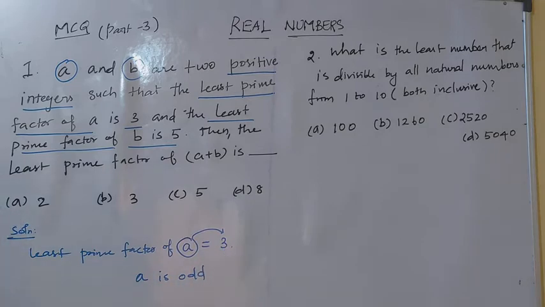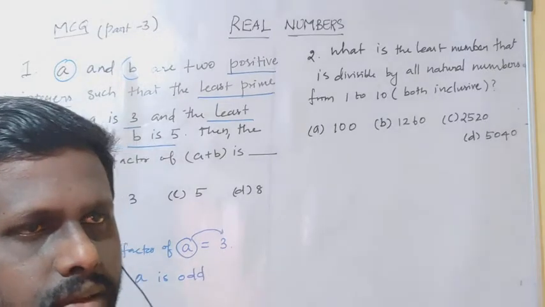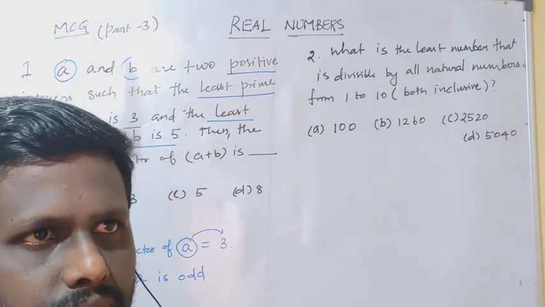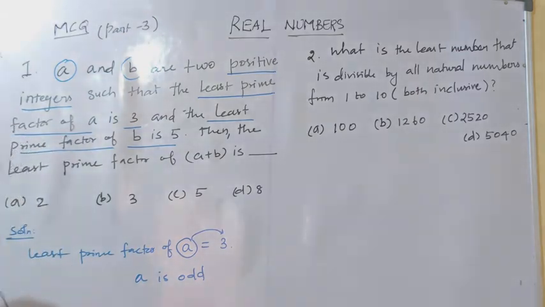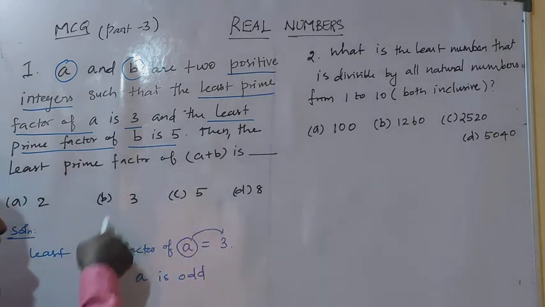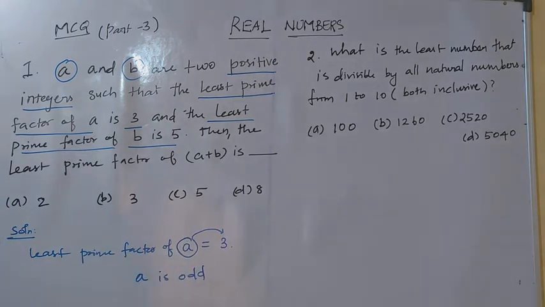Only an odd number can have. For example, 9: the least prime factor of 9 is 3. Then if you go to 15, the least prime factor of 15 is 3. For 15, 3 and 5 both are prime factors, but which is the least? Now 3 is the least. So if a number has 3 as its least prime factor, then definitely that number must be an odd number. So I understand a is odd.